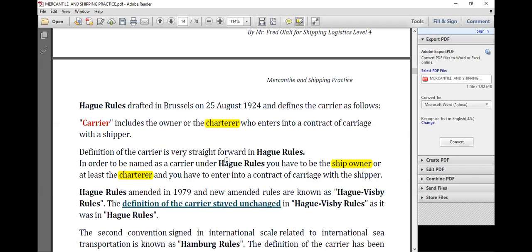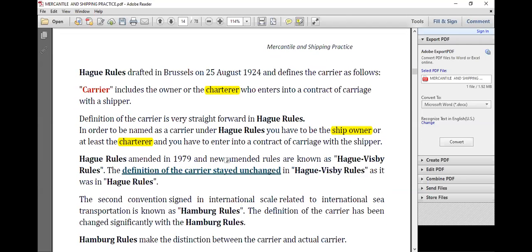And when I talk about the shipper here, I think you know whom I'm talking about. A shipper is the exporter. A shipper is the consignor. Okay, so the Hague Rules were amended back again in 1979, and the new amended rules were now called the Hague Rules.